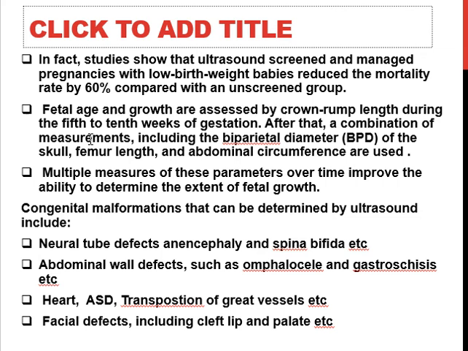After that, a combination of measurements is used, including the biparietal diameter. The parietals are two parts of the skull; from one parietal eminence to the other parietal eminence we take the diameter, and from this we can judge the age of the fetus. So biparietal diameter of the skull, femur length and abdominal circumference are used to assess fetal age and growth after the 10th week of gestation. Before 10 weeks, and between the 5th and 10th week, we use crown-rump length to assess the fetal age and growth.